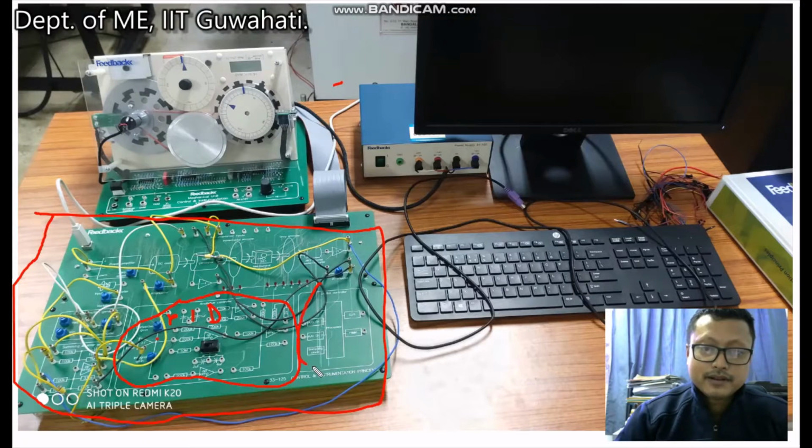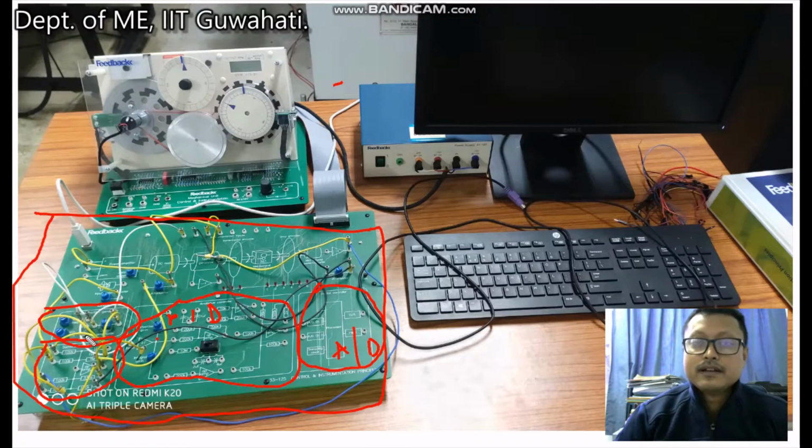This part is the digital controller, where analog to digital conversion can be done. This is the summing amplifier, and this is the sweep function generator for various input signals. Say you need a triangular waveform or a square waveform input signal, you can select the port and connect the wires accordingly.